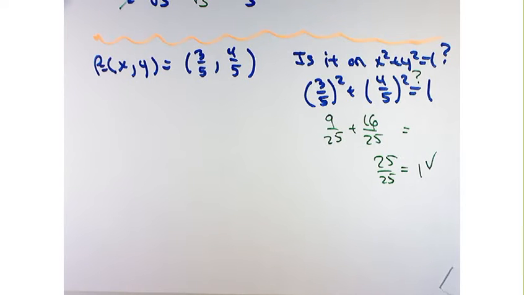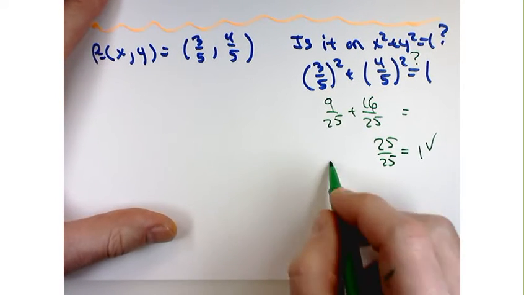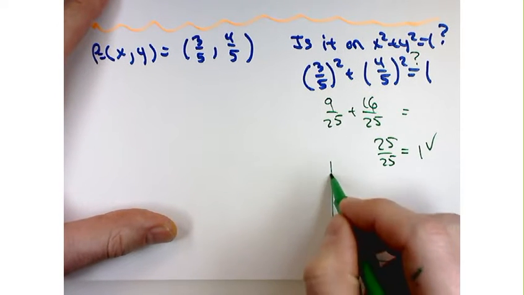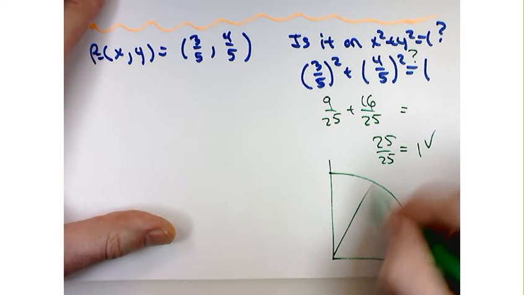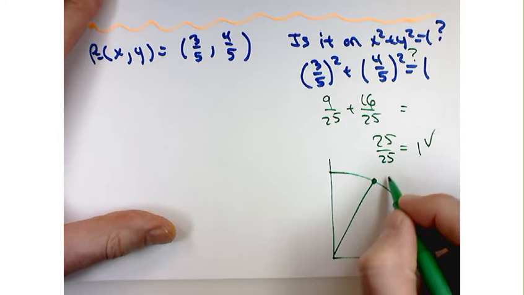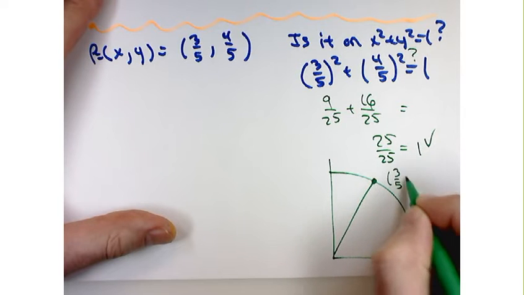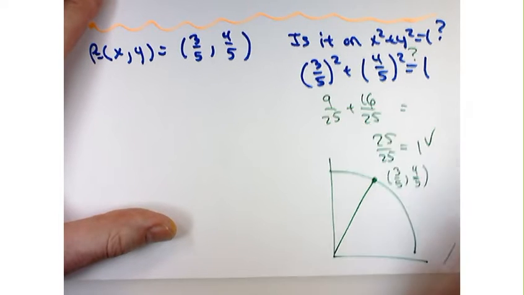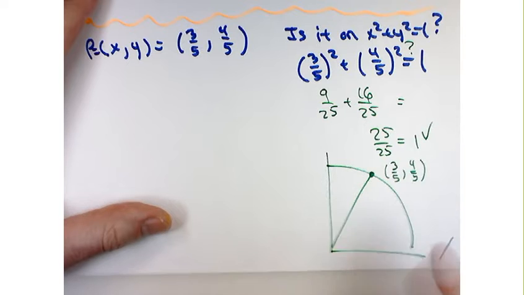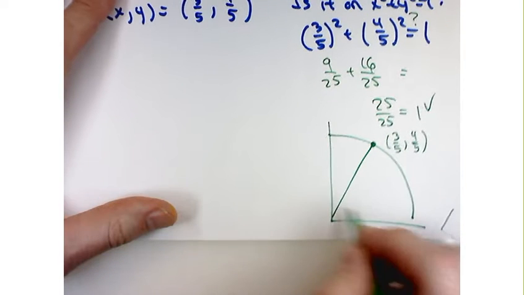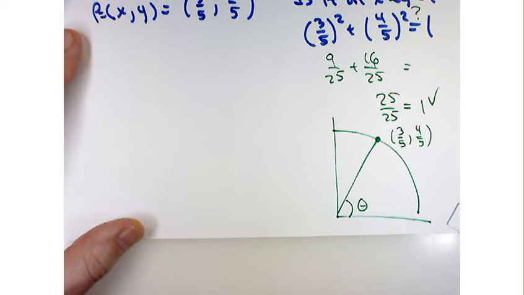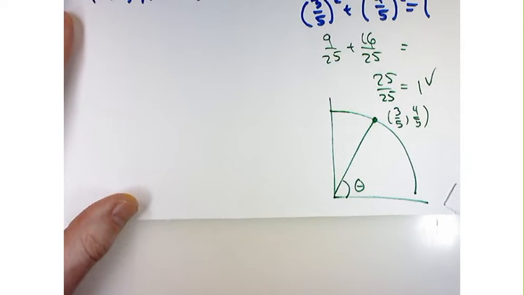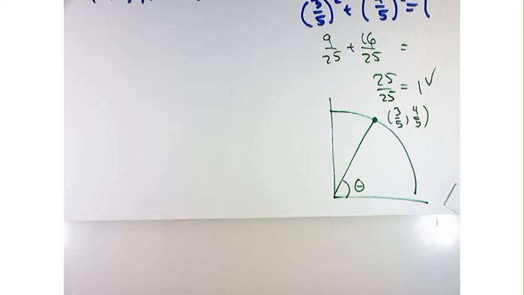And let me draw it, roughly speaking. So 3/5 and 4/5, it's going to be someplace up here. It's going to be taller than it is far out on the x-axis. You're going to be at some angle here, theta. But when we're with that angle theta, we can answer all our trigonometric questions.